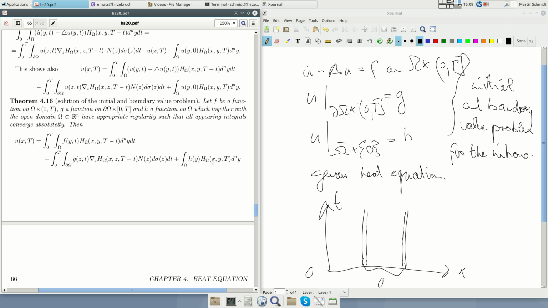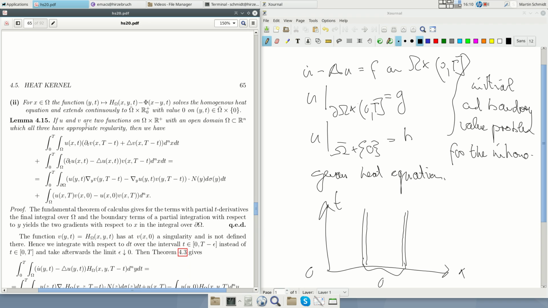But we had only that the heat kernel vanishes if y belongs to the boundary. So by the symmetry we get this. And similarly here, we need this expression as a function of x and t to solve the heat equation. But we had that as a function of y and t it solves the heat equation. So at these two places we needed the symmetry.